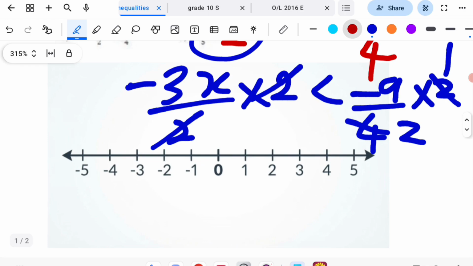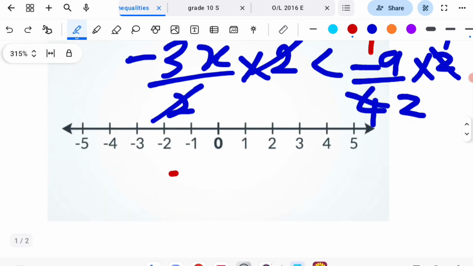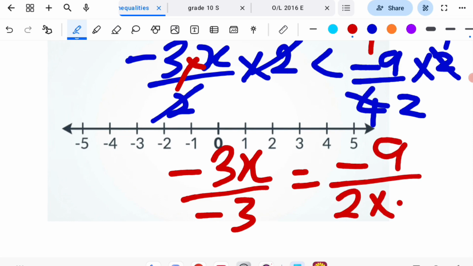Then we can remove this minus 3. To remove minus 3, we have to divide both sides by minus 3 because the relationship between minus 3 and x is a multiplication. Minus 3x divided by minus 3 equals minus 9 over 2 divided by minus 3.